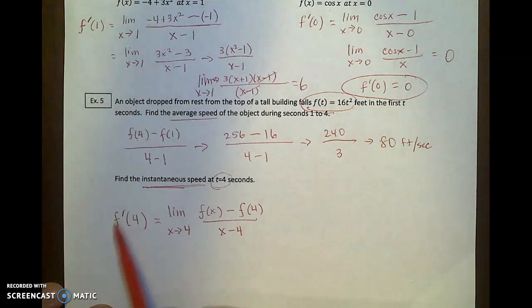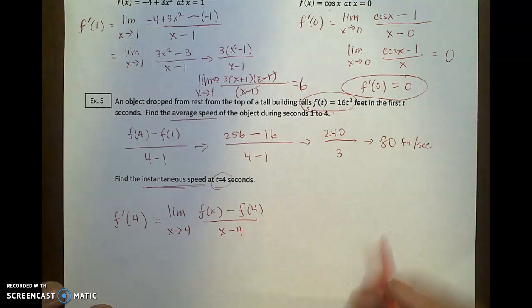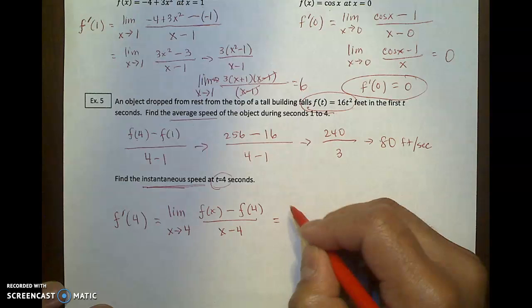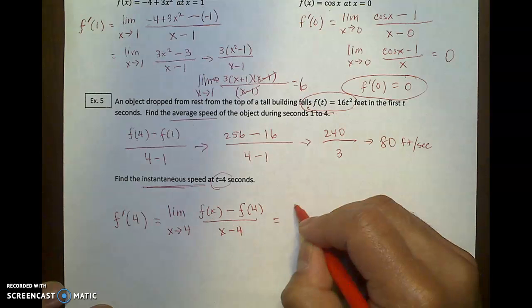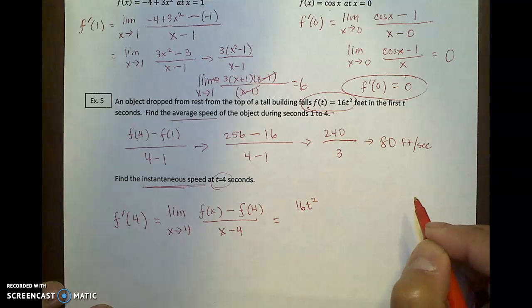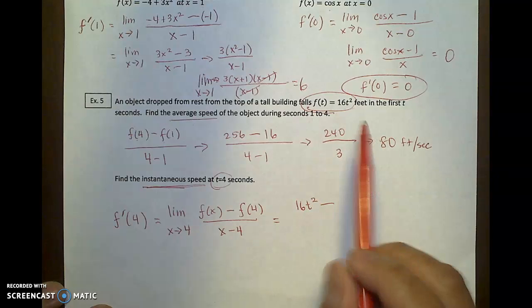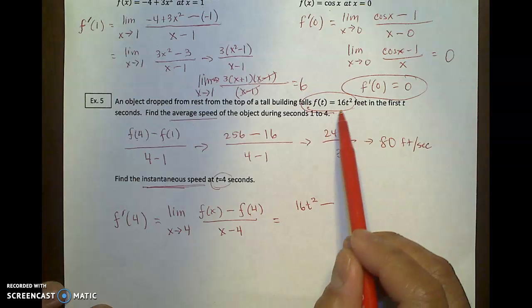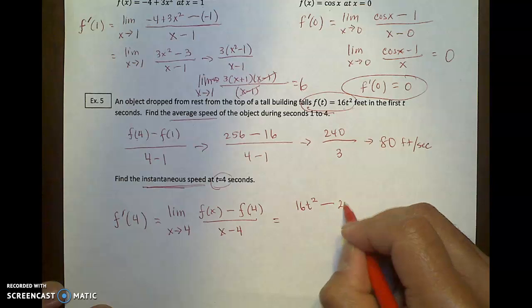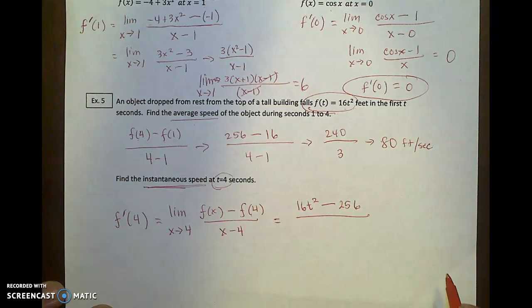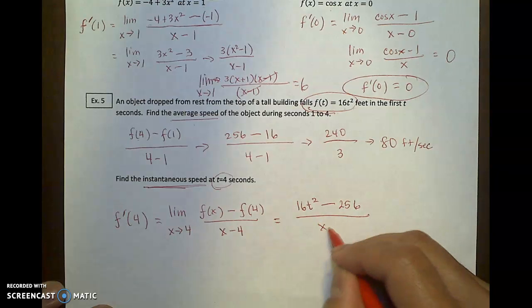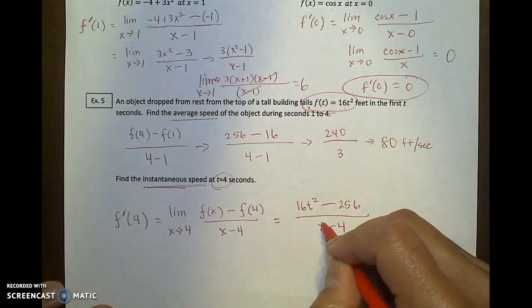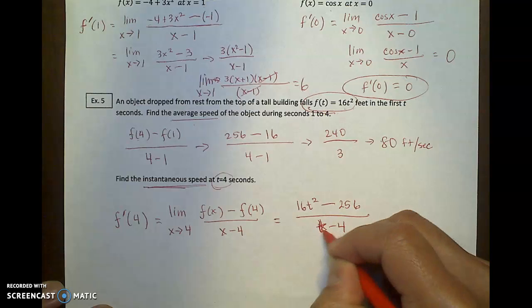The derivative of the function at 4 is equal to the limit as x approaches 4 of f of x minus f of 4 over x minus 4. So f of x is 16t squared minus f of 4. We plug 4 in for t and get 256, all over x minus 4. But in this case, we're going to change it to t because we're using t.